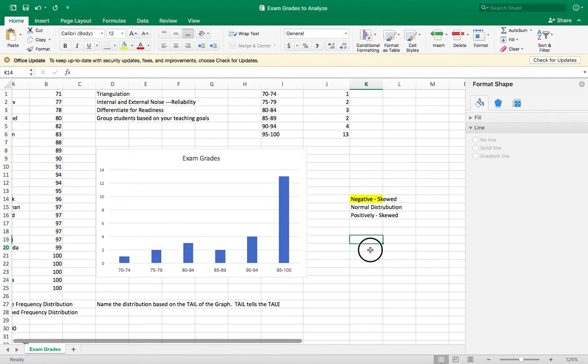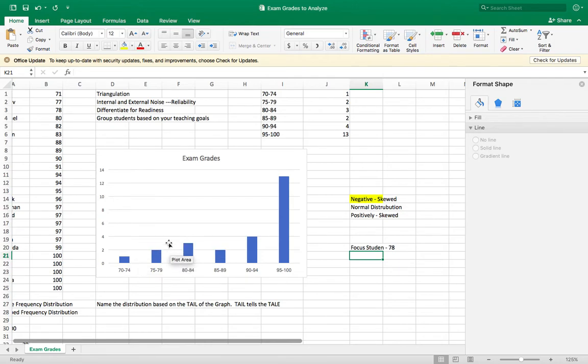Okay, so let's imagine that your focus student has a grade of, let's say their grade is a 78. Okay, so let's walk through this in a couple of ways here. Your student has a grade of 78. Right here we have a negatively skewed distribution.